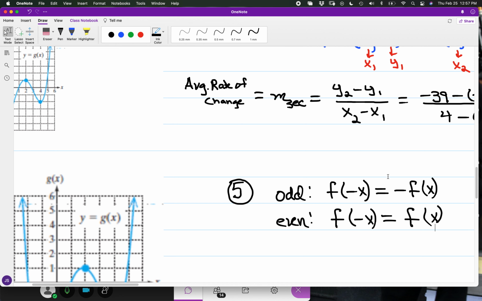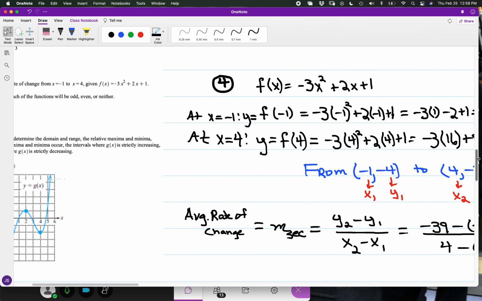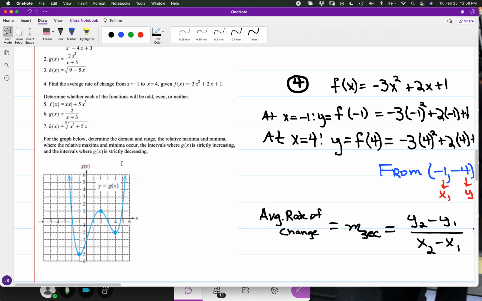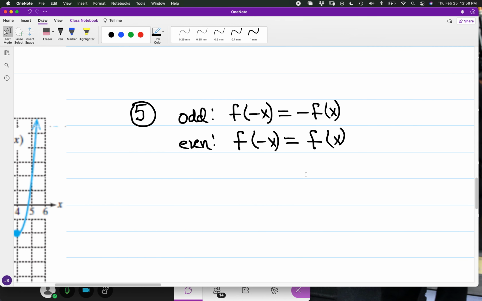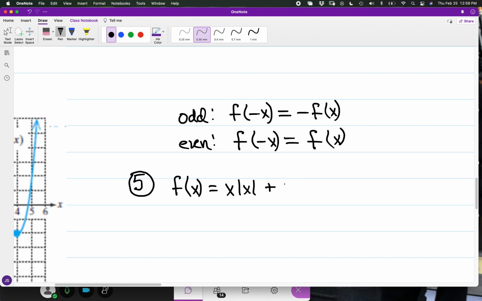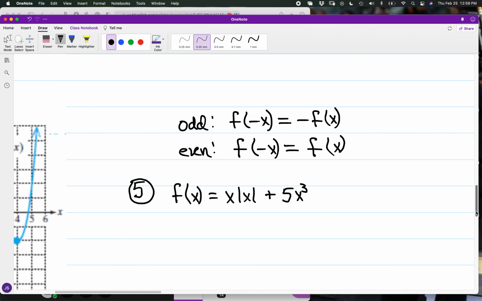And for number 5, we have x times the absolute value of x plus 5x cubed, and let's see how these are going to line up.